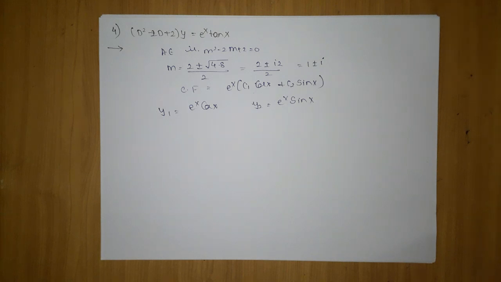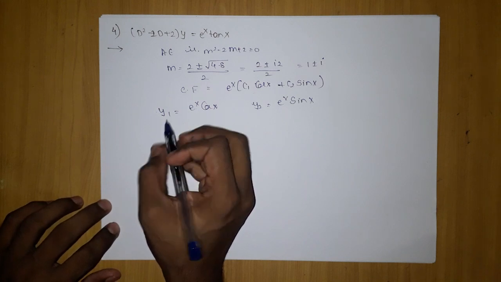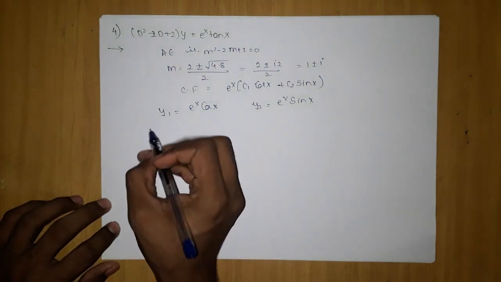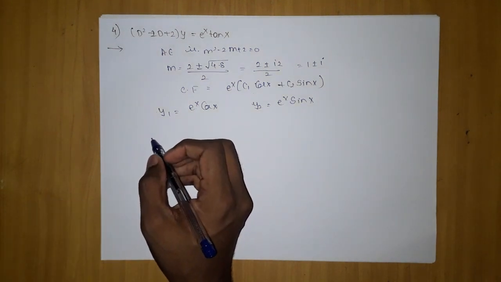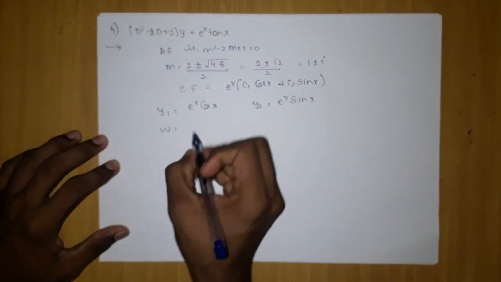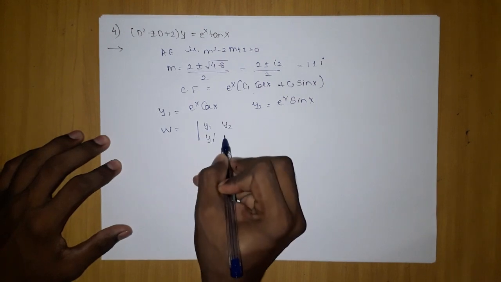Okay, so let's try to get the answer. We know our particular integral will be given by u of x into y1 plus v of x into y2, right? So we are going to try to get the W first, which will be the determinant with y1, y2, y1 dash, y2 dash.